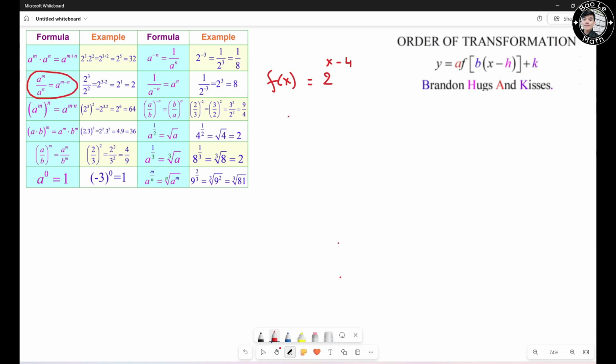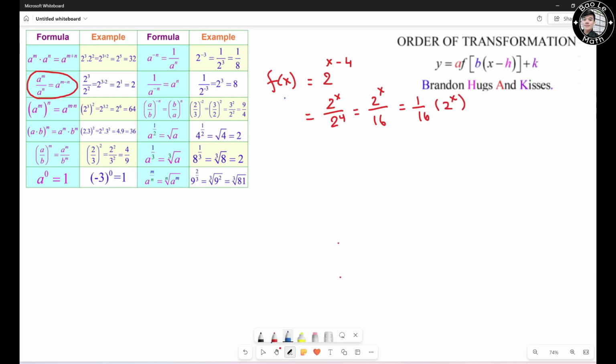So we need to rewrite this one as 2 to the x over 2 to the 4, right? And then it turns out to be 2 to the x over 16, right? So you can rewrite it as 1 over 16 times 2 to the x, right?